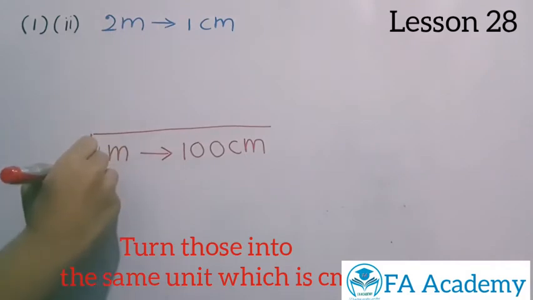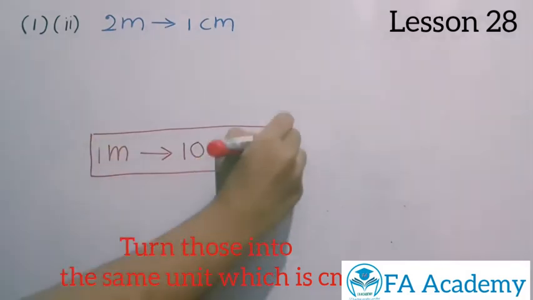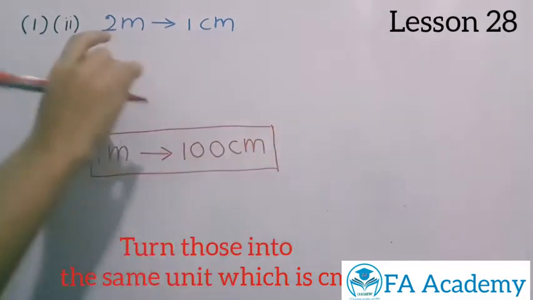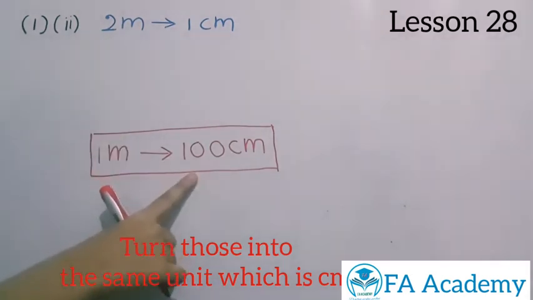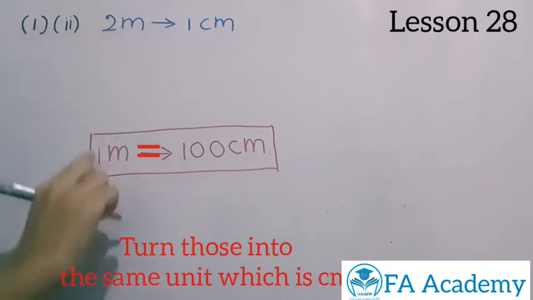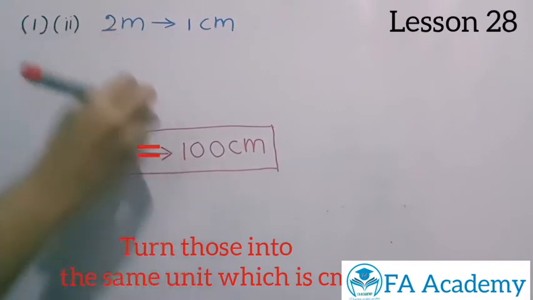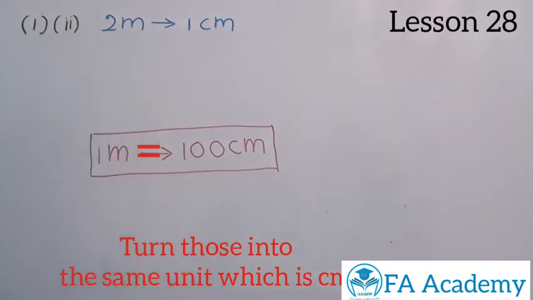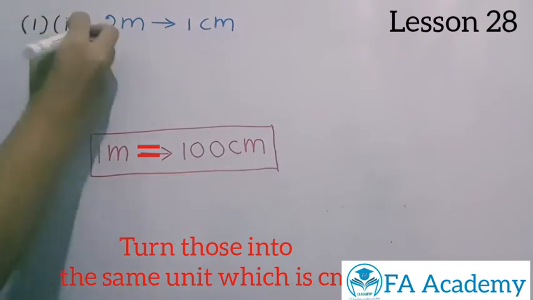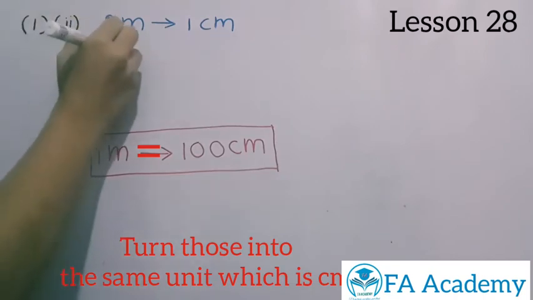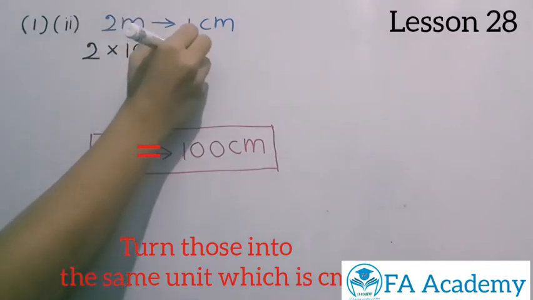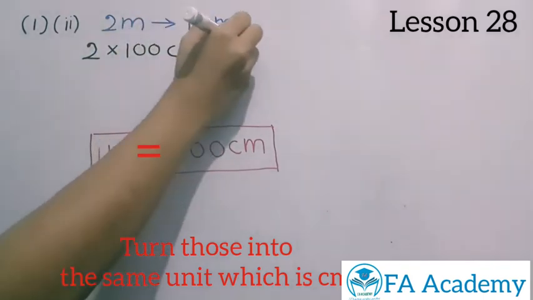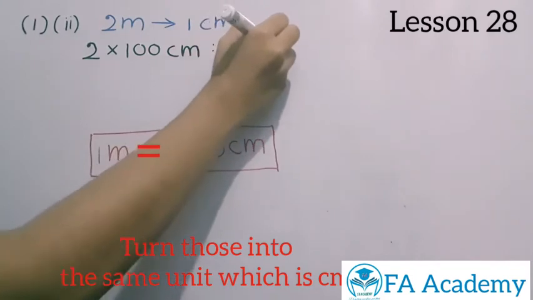So when you know 1 meter gives 100 centimeters, for 2 meters, how many centimeters are there? So what you have to do? For 100 means for 2. For 2, 2 into 100. So now this is converted to centimeters and then 1 centimeter.